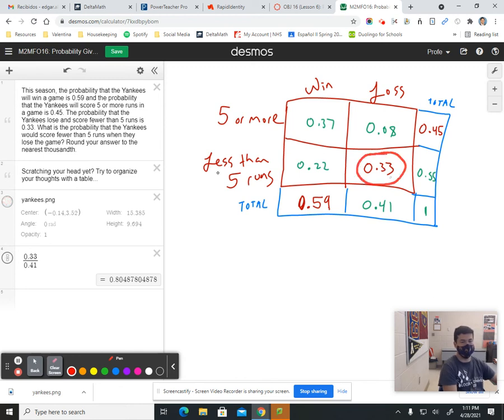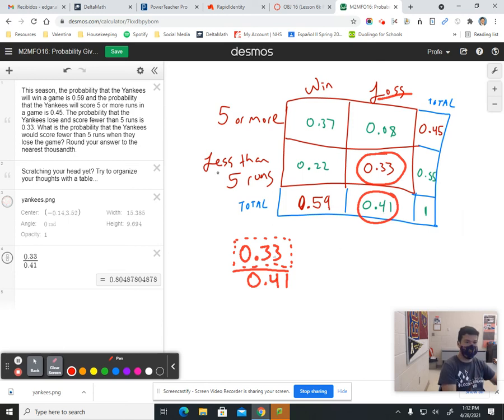That's 0.33. Now, given that they lose, what's the chance of them losing? Well, that's 0.41. So what I'm really finding is the probability like this: 0.33 over 0.41, right? Because these are my successful events, scoring less than 5 runs, and my total population is losses, which is a 41% chance.